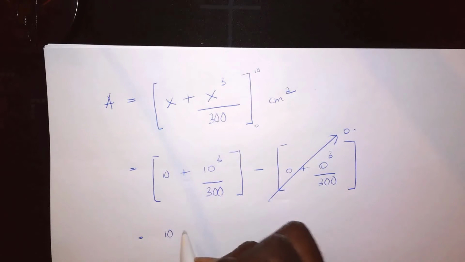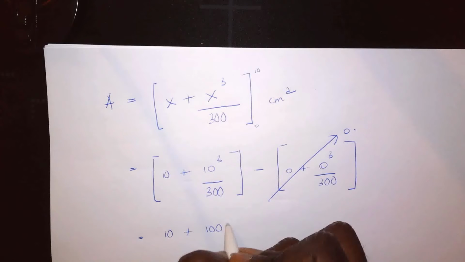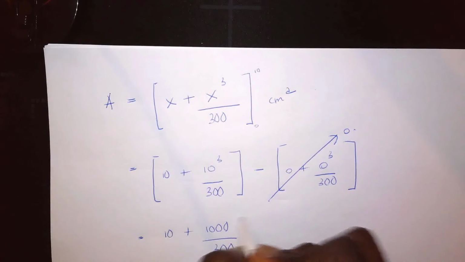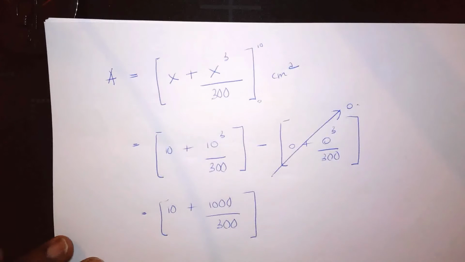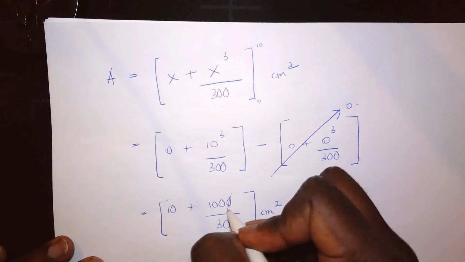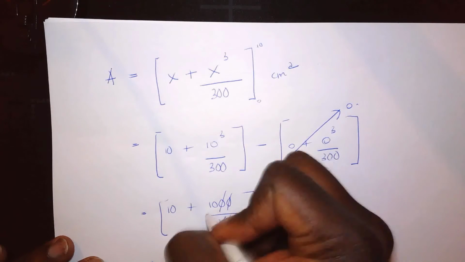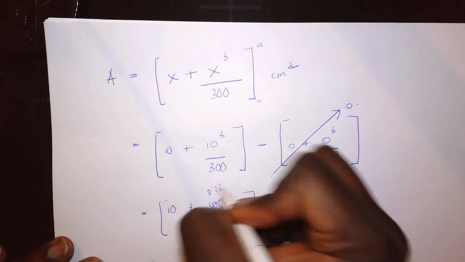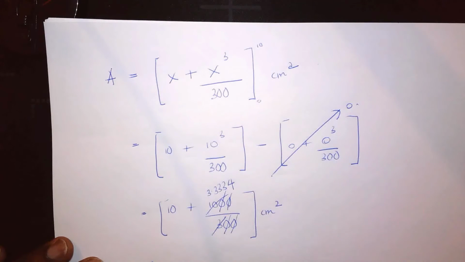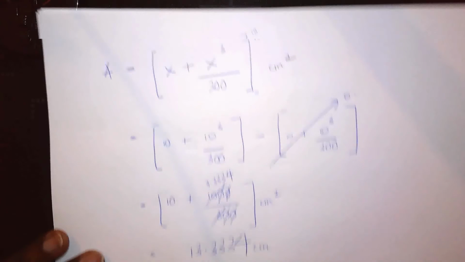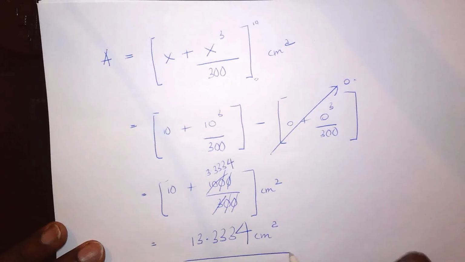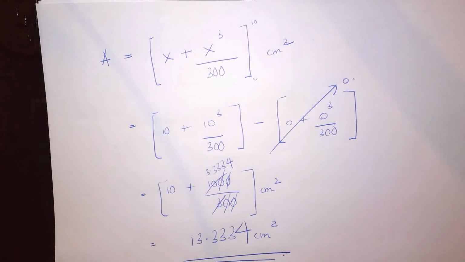So this becomes 10 plus 1000 over 300 centimeters squared. 1000 over 300 is about 3.33 recurring, so let's round that up to 4, so that becomes 13.3334 centimeter squared. And there we have it. We've worked out the area.